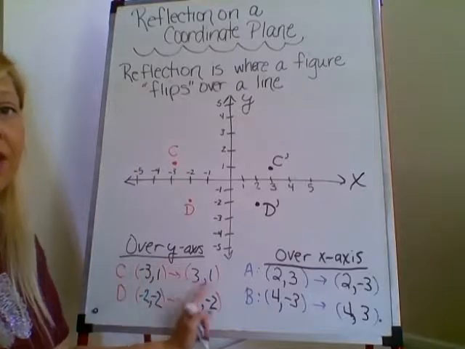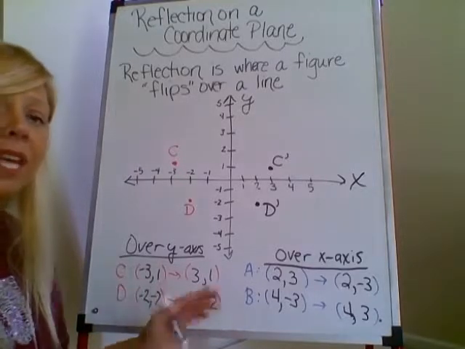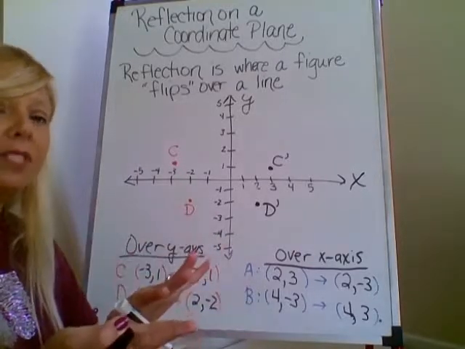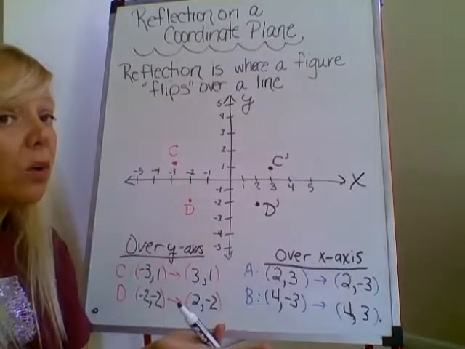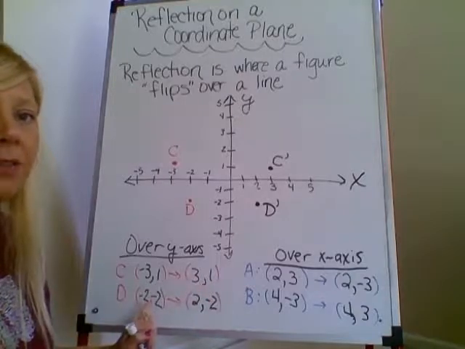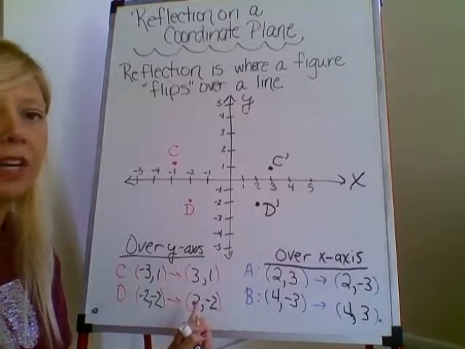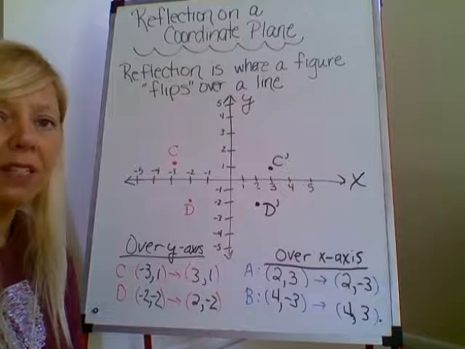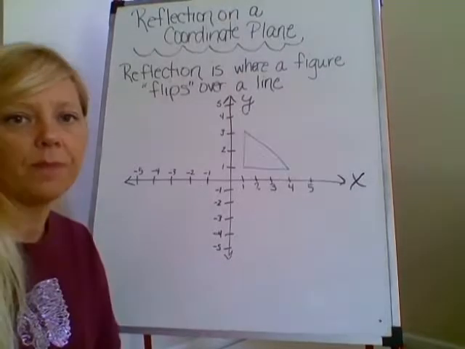The x's change when we reflect over the y. So again, it's like a reflection. The opposite changes the other coordinate. So -3 now becomes +3, and -2 becomes +2 over here. All right, and that is how you reflect on a coordinate plane.